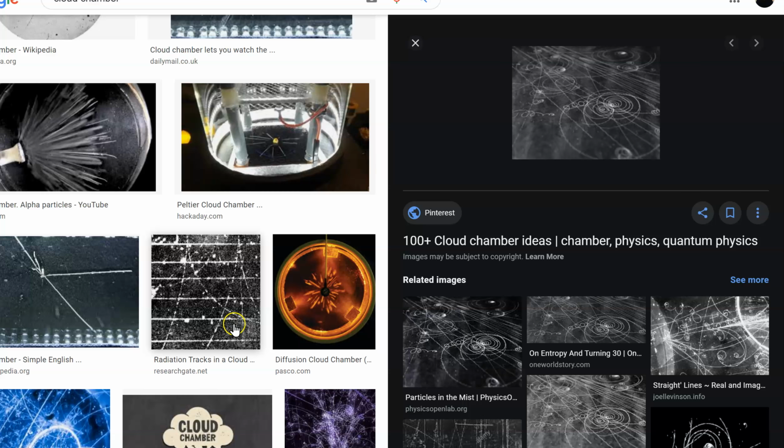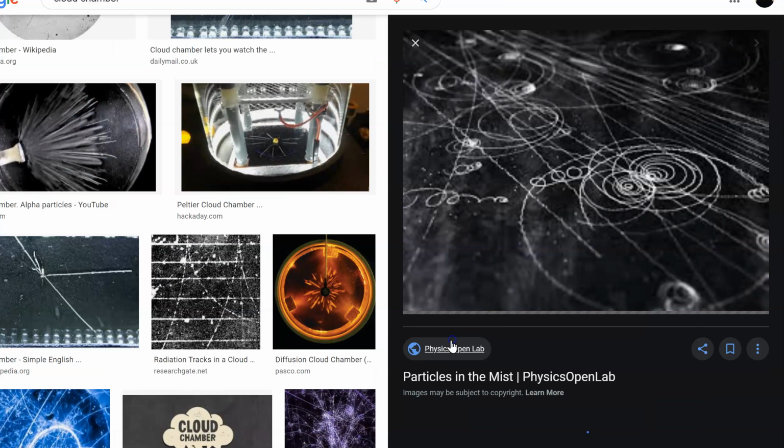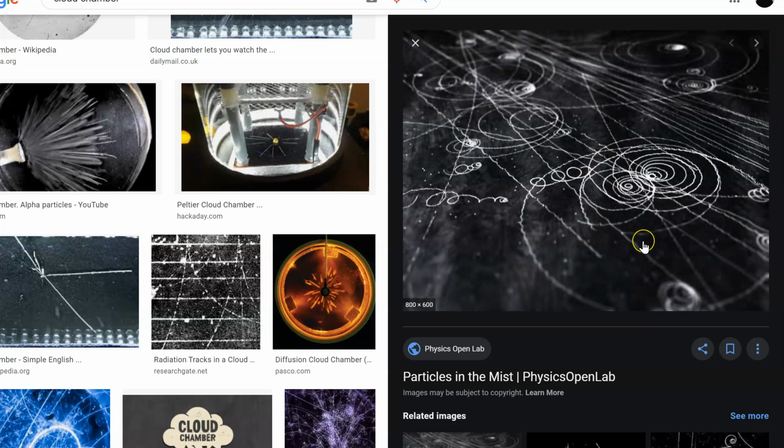All of these crazy pictures here are the pathways of charged particles through a fog. You take some dry ice and liquid hydrogen, something, and you super chill the air. So when a particle zips through it, it leaves a condensation trail, just like a jet trail would. Some of these paths curve to the left, and some of them, like this one right here, curve to the right.